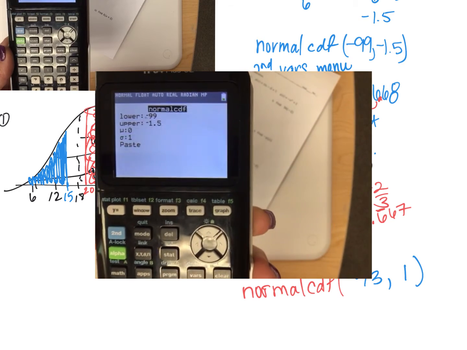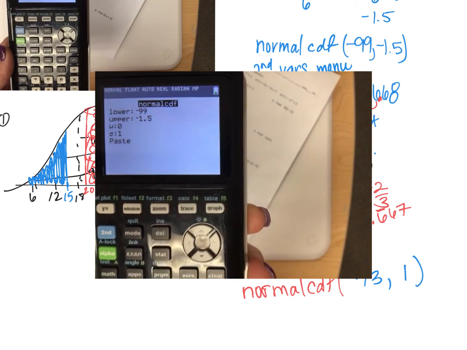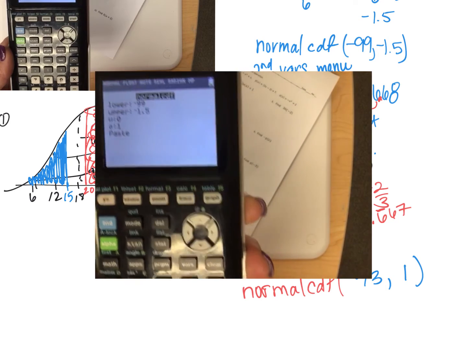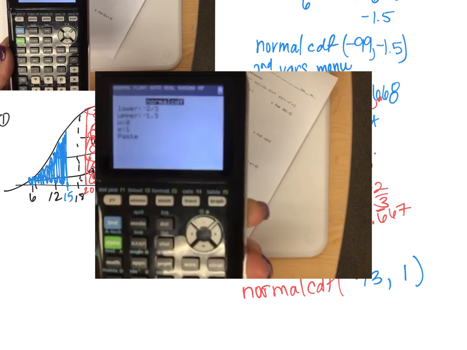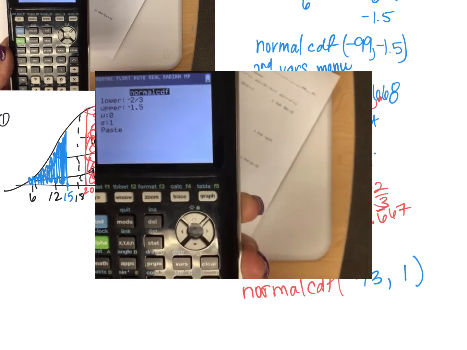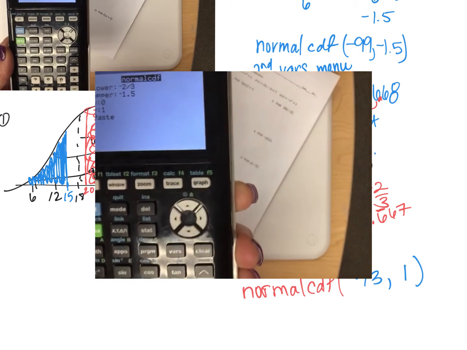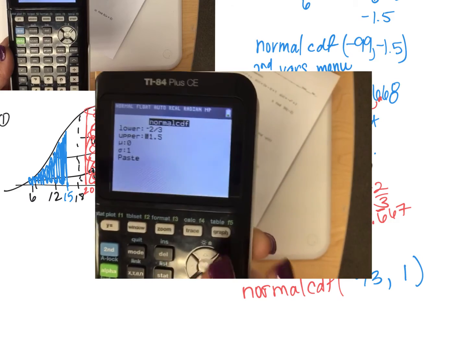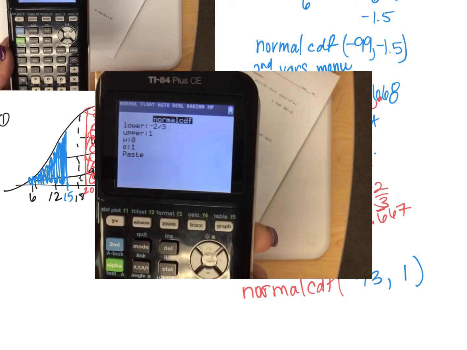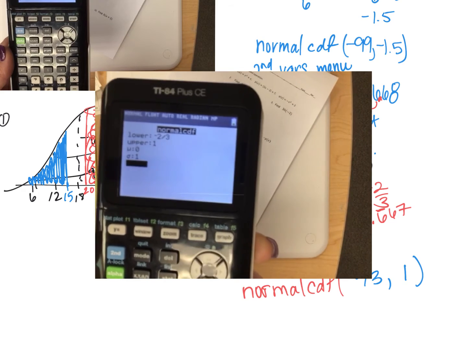But this time, my lower boundary is a z-score. I want between two z-scores. So I'm going to put -2 divided by 3. I don't have to round the decimal. I can put the fraction in. That's going to give you more accuracy. And then +1 and paste.